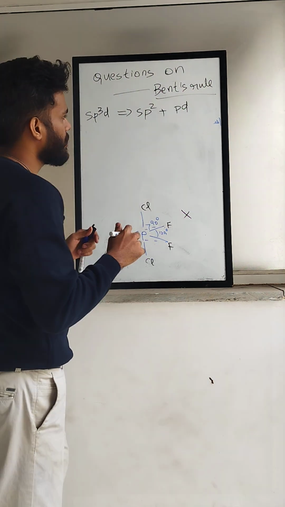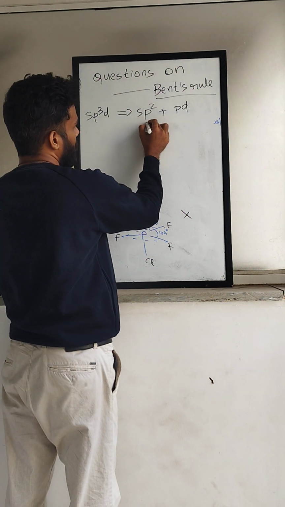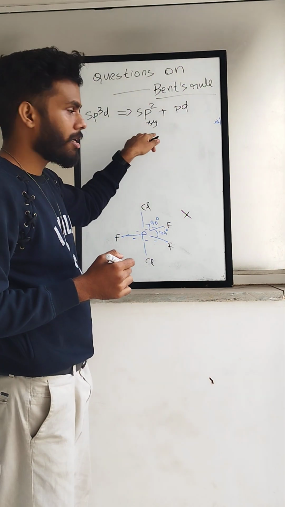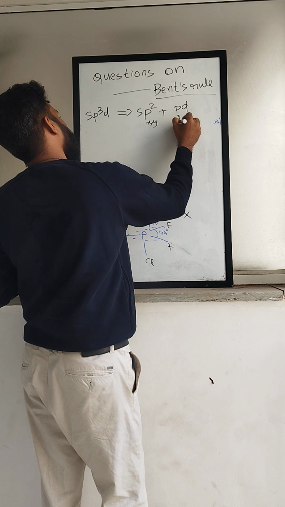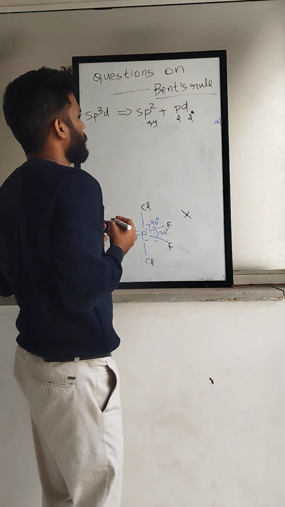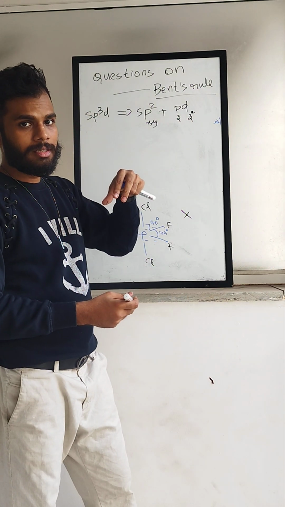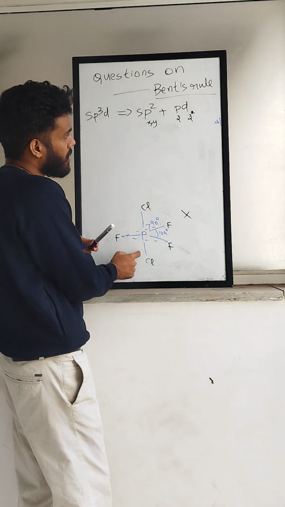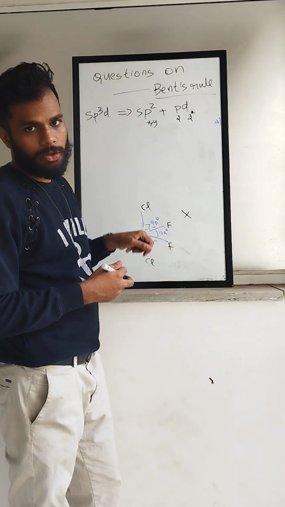In sp2, there is only one s, and the p orbitals are px and py. The rest are pz and dz square. You see, pz and dz square are both on the z axis, so these two orbitals are predominantly formed by pz and dz square.